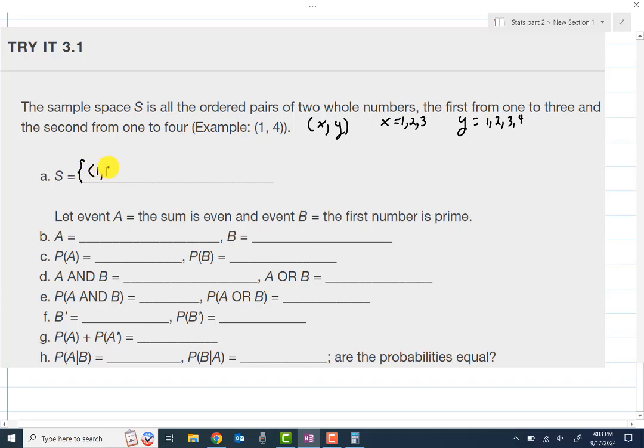So I'll have 1, 1, 1, 2, 1, 3, 1, 4, and that takes care of all the ordered pairs that start with a 1. Next, I'll move on to x being 2, and I'll go through the y elements. Got it. And then finally, I'll go to the last item for x, and that's 3, and I'll pair it with each of the items for y.